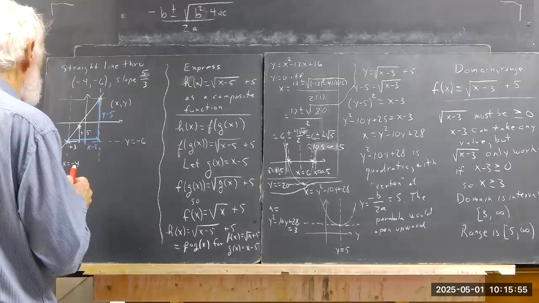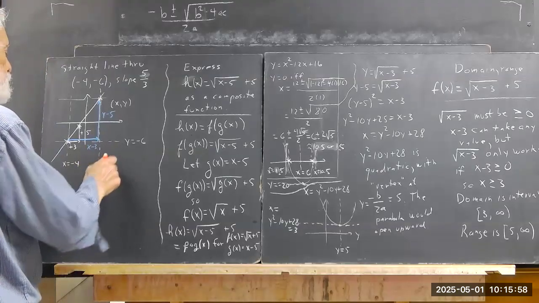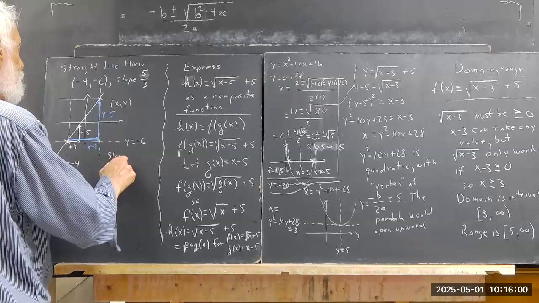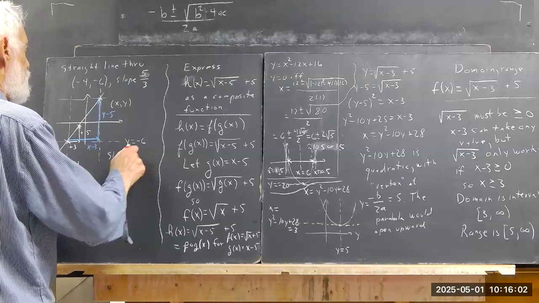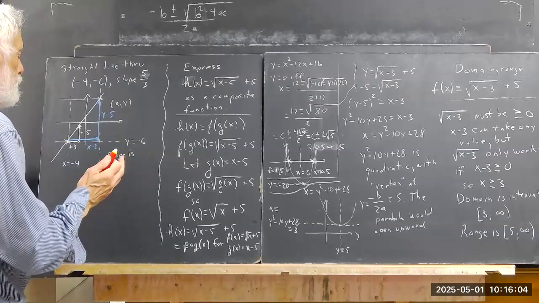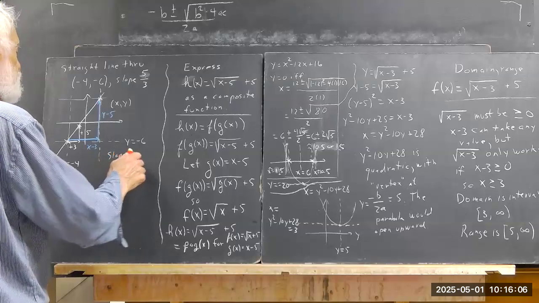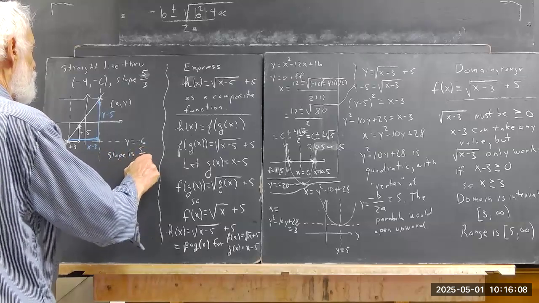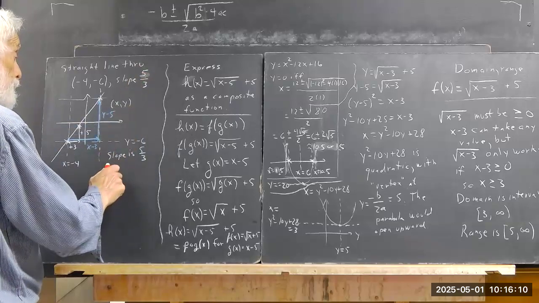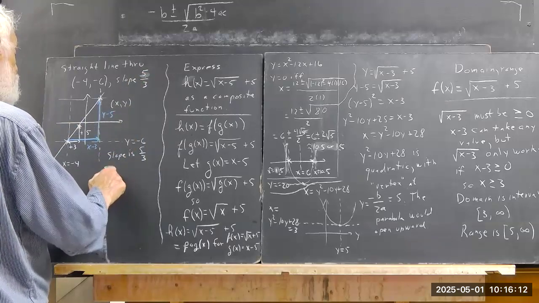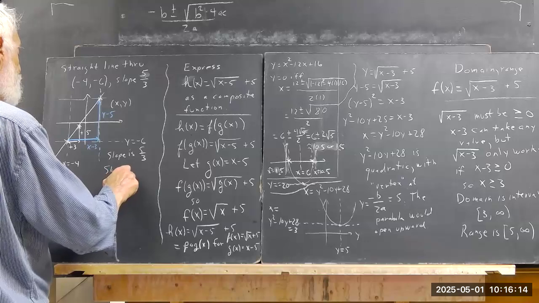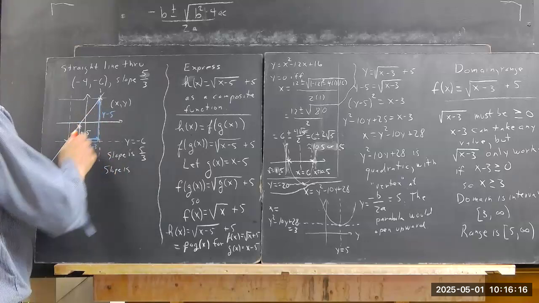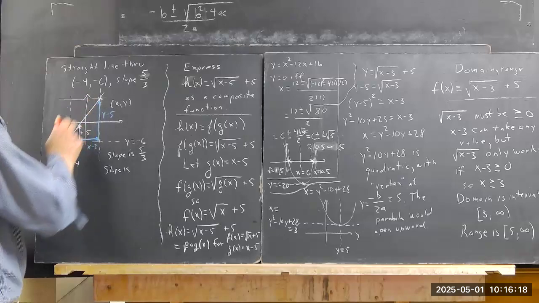Okay. Now, I can write two statements. The slope is 5/3. That was given. Also, we have a rise of y minus 5.